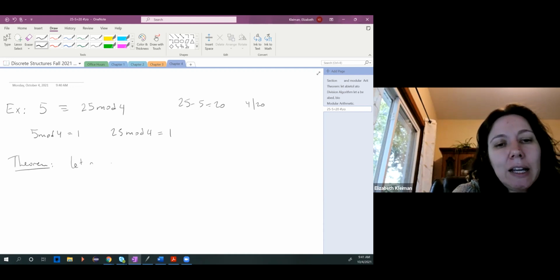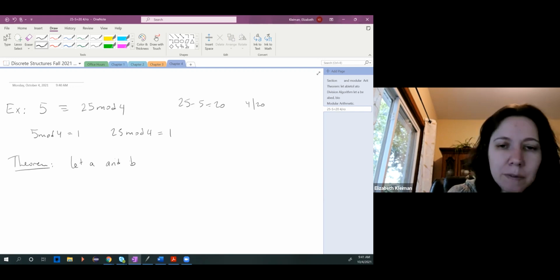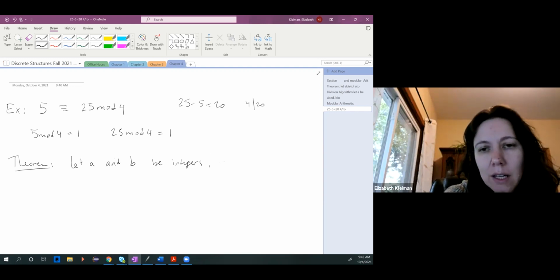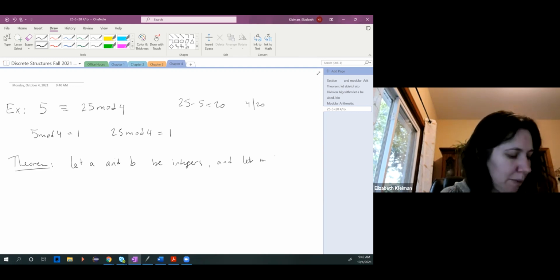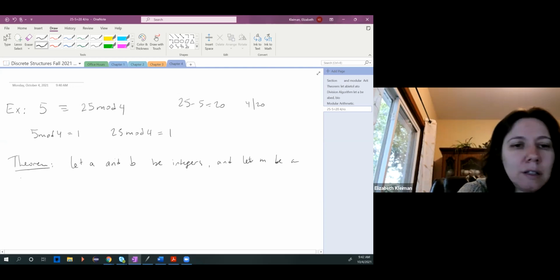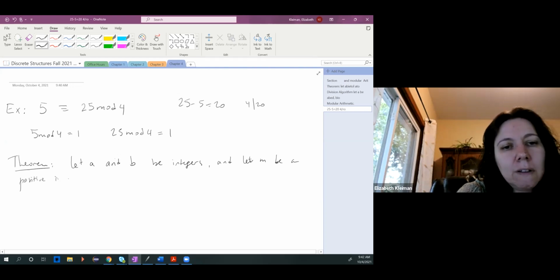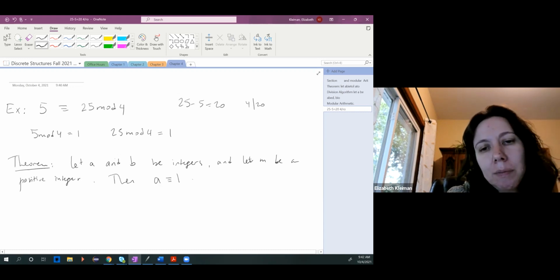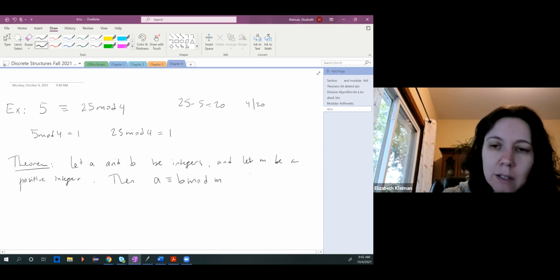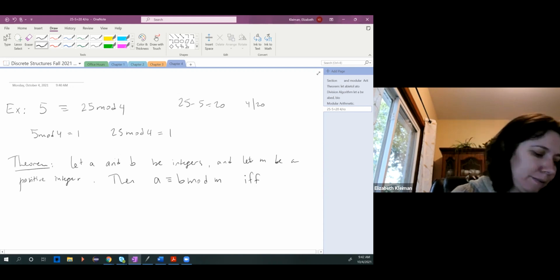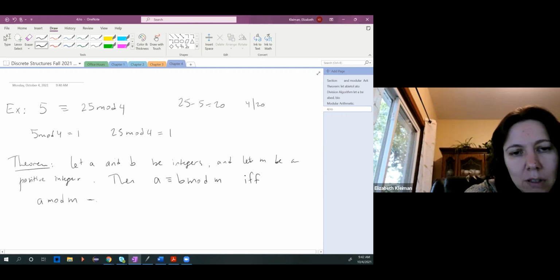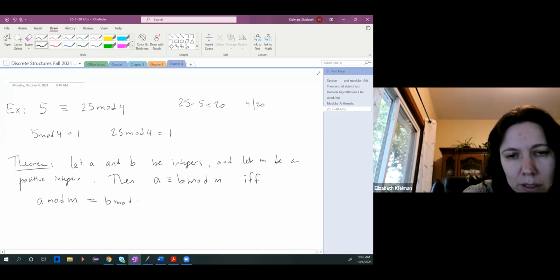Let A and B be integers and let M be a positive integer, then A is congruent to B mod M if and only if A mod M is equal to B mod M.